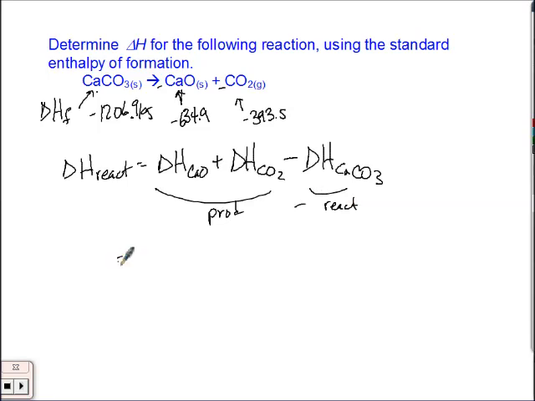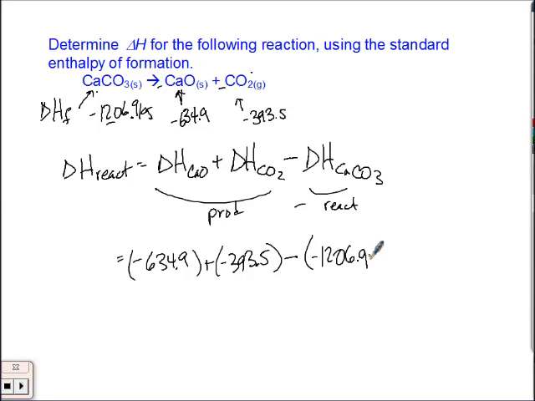Plug the numbers in. So CaO is negative 634.9 plus the CO2 right here, which is negative 393.5, minus the CaCO3, which is negative 1206.9.